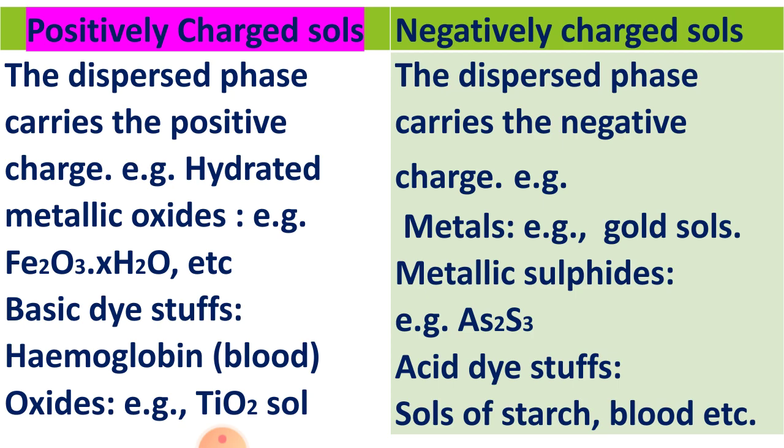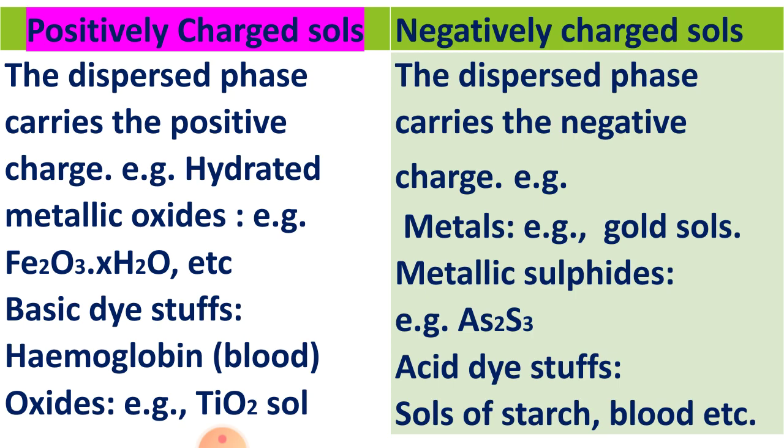Now look at the negatively charged sols. So the dispersed phase carries the negative charge. Some examples are given. The metals, that is gold, platinum sol, copper sol, silver sol, these basically acquire negative charge. Then metallic sulfides, As2S3, arsenic sulfide, antimony sulfide, cadmium sulfide, CdS sol, these also acquire negative charge.